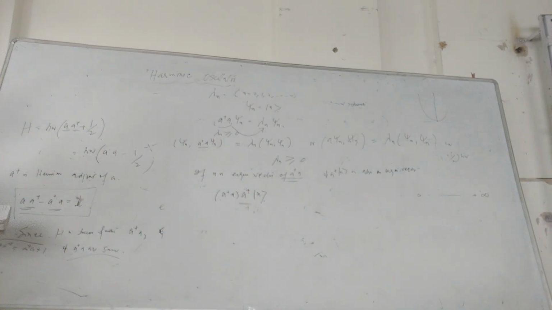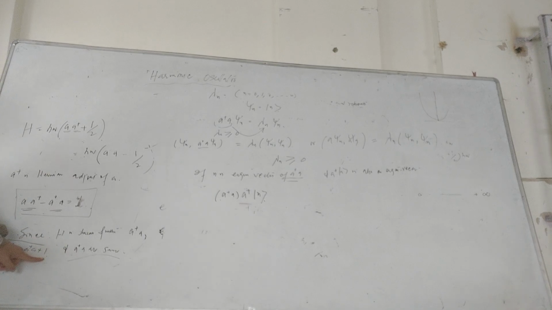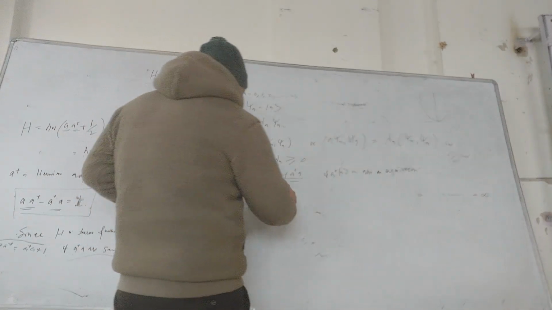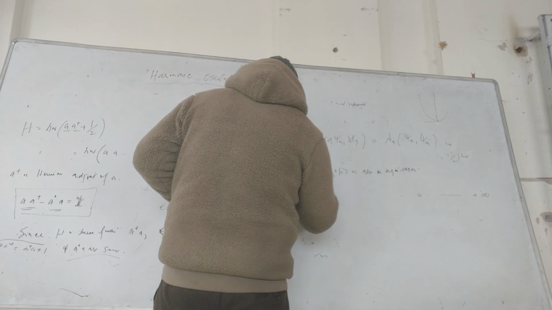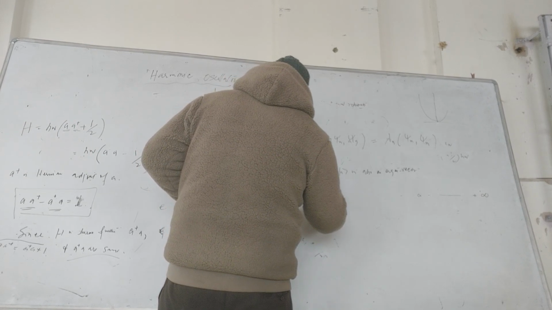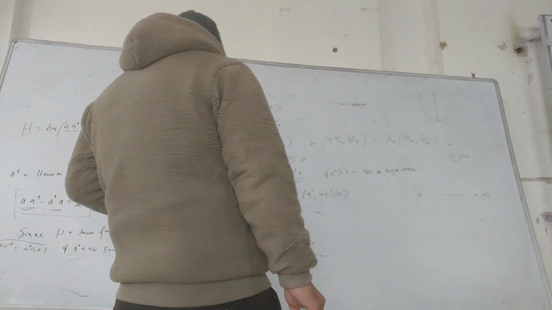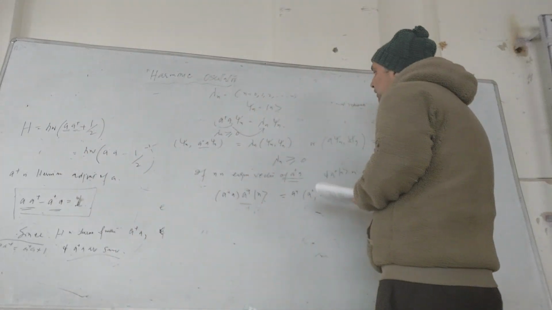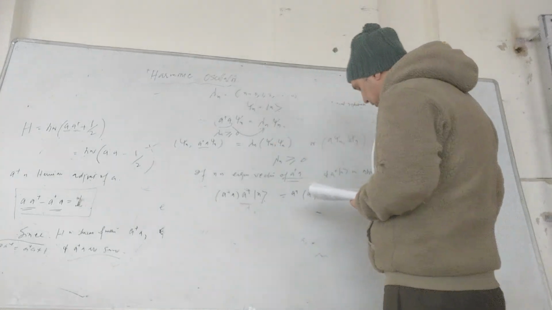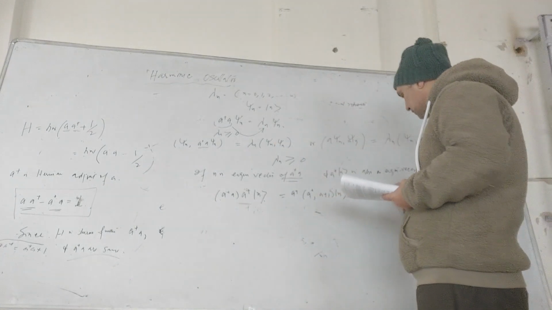So in place of this A dagger, we write A dagger A plus 1, so it will be A dagger A plus 1 acting on psi n. And this will be equal to the upper lambda, but here it is lambda n plus 1.